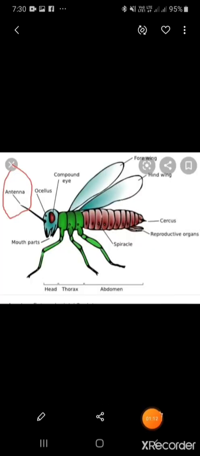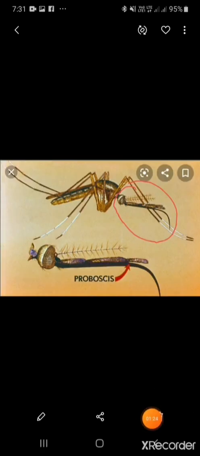On the head, there are two feelers called antennae. The eyes of the mosquito are also situated on the head. The head has a long sucking tube called proboscis.